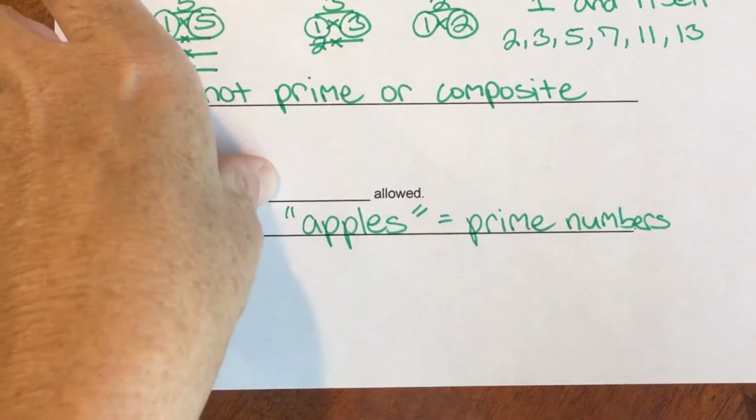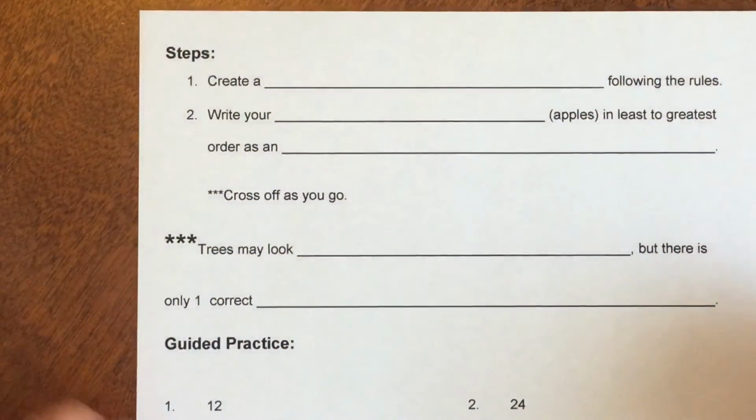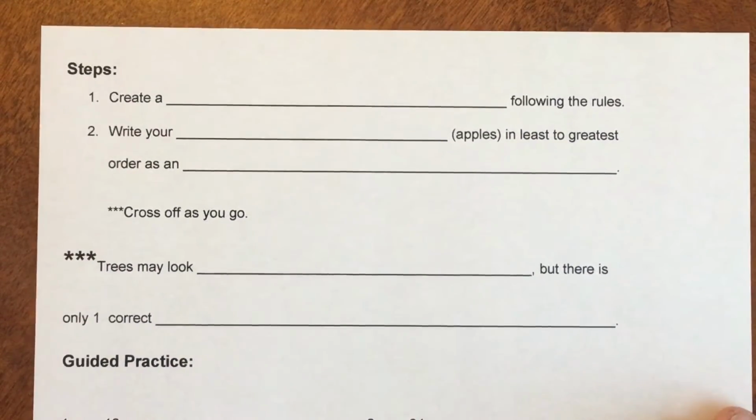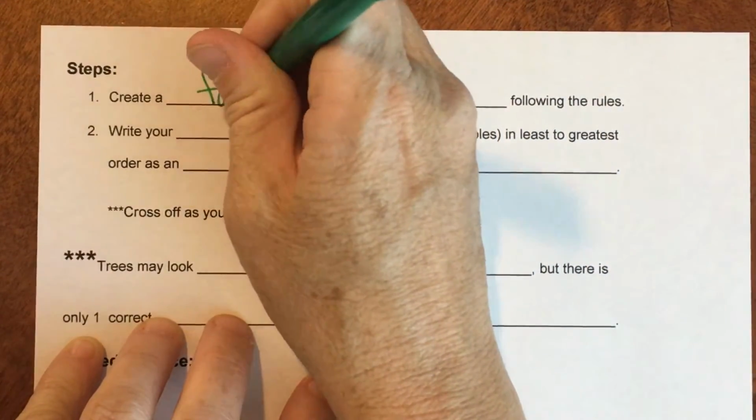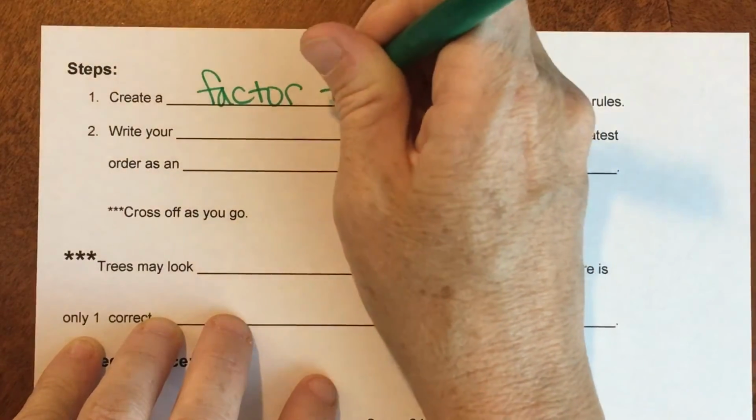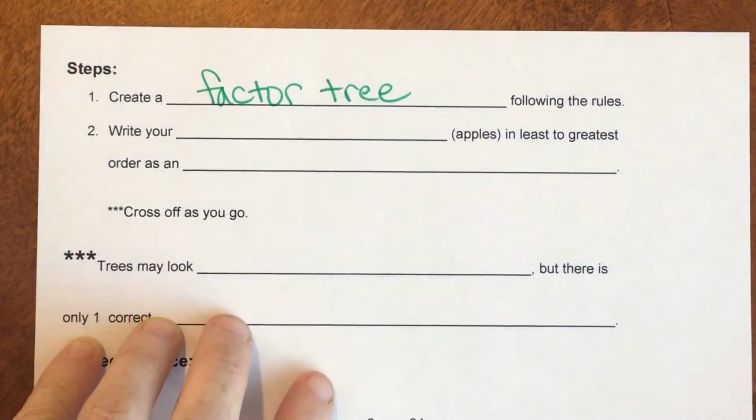Okay, so what are our steps then tonight? Our steps are, first, you're going to create a factor tree following the rules.